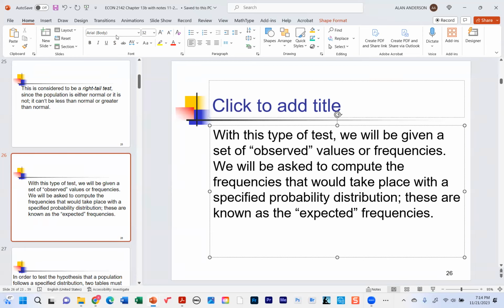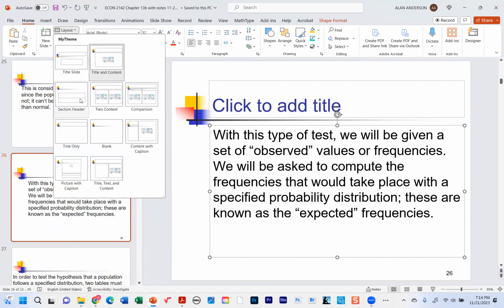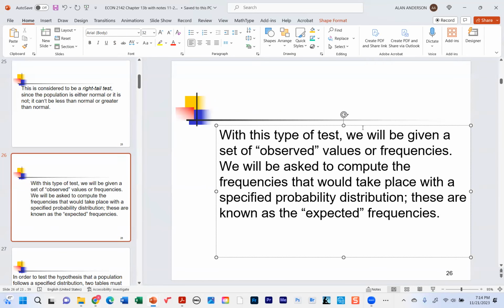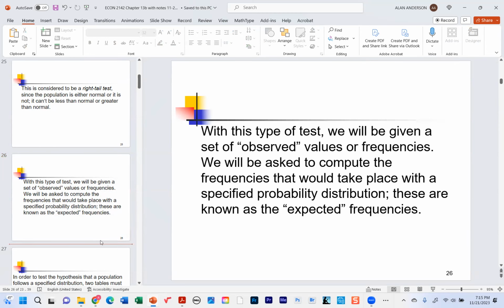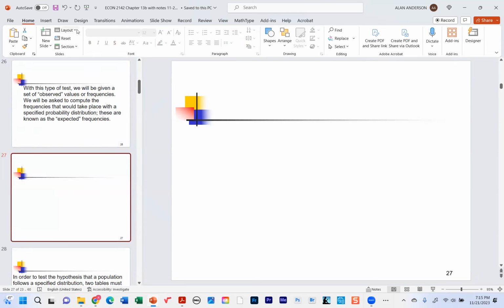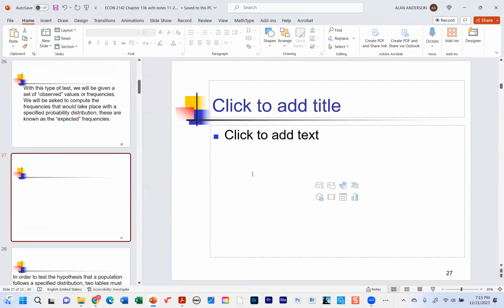Okay, so we'll have two sets of data. The ones that are given to us, the ones that are actually observed, and the ones that you would see if the data really followed the particular distribution you're looking at. So what the test statistic does is it compares the two of them.